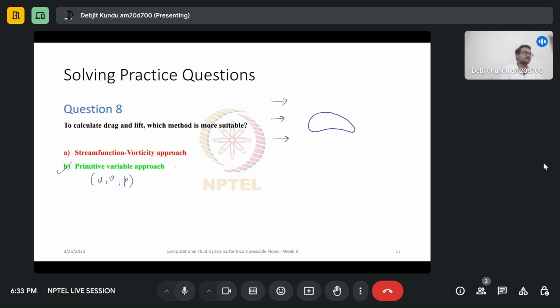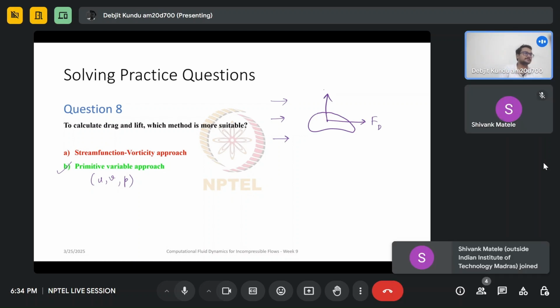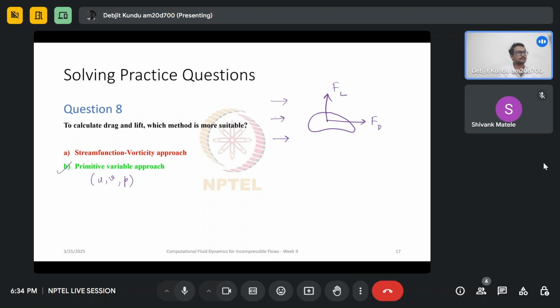So if we are interested in the aerodynamic forces on this, so basically we want to compute what is the drag force, which is parallel to the direction of flow, as well as the lift force, which is in the perpendicular direction to the flow. So if you are interested in finding out these forces, the way to do that is to find the pressure distribution along the periphery of a given body.